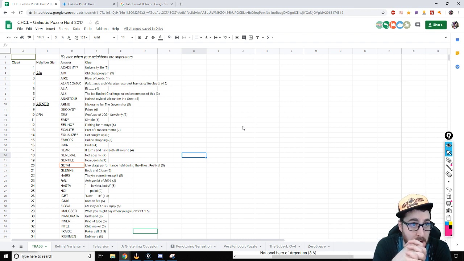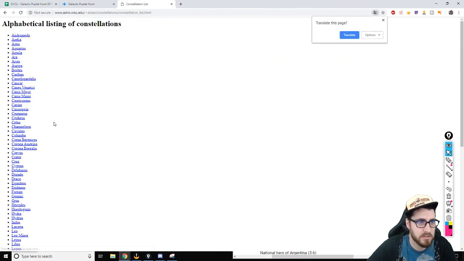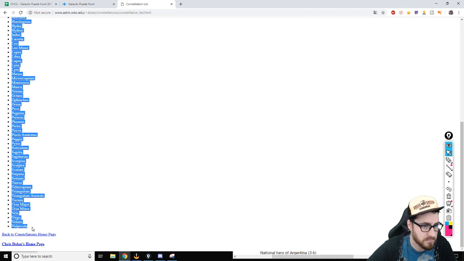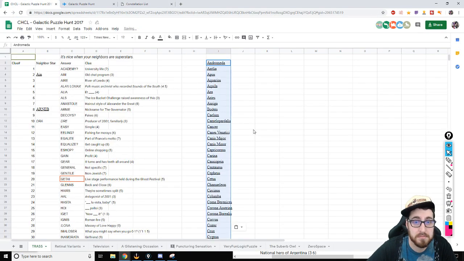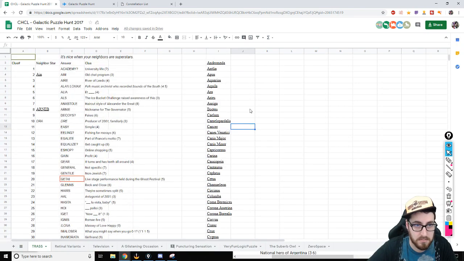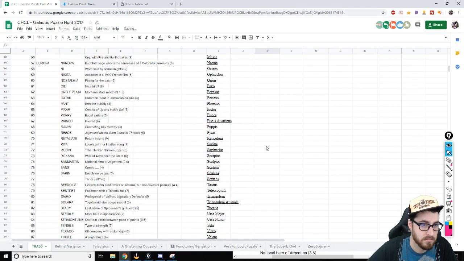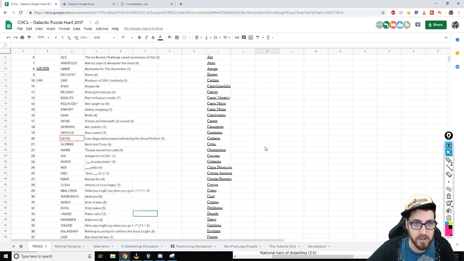Cool. We could do, when you say put the constellations in the same list, so list of constellations. Okay, so here you go. Boom. So these are all the constellations.